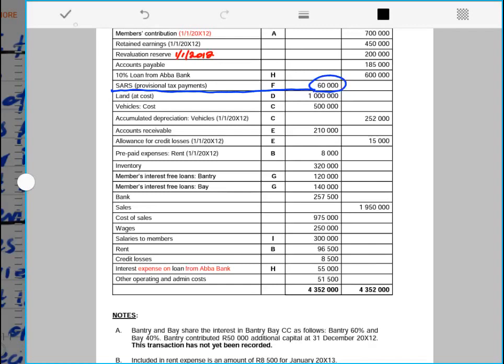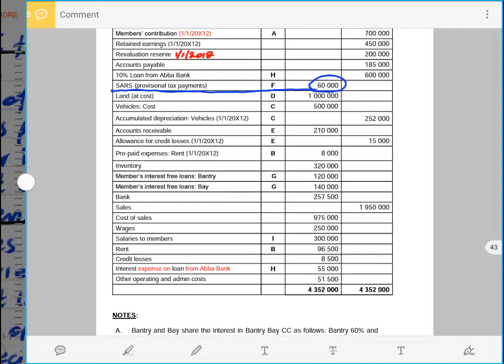We have to check the amount of the tax expense that was supposed to be paid during the year, and compare it with this payment to establish whether we have overpaid tax due to SARS or underpaid it, so that we can calculate tax due or receivable to or from SARS.